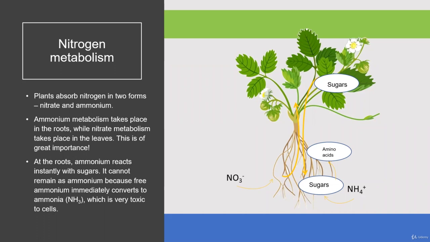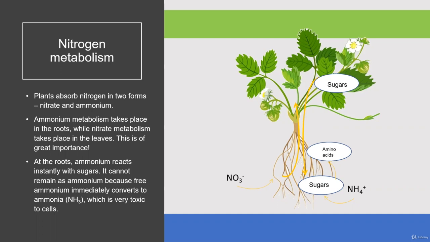Now, I mentioned before that the form of nitrogen that is absorbed by plants is of great importance, and I would like to explain that. This is due to the way nitrogen is metabolized within the plant.